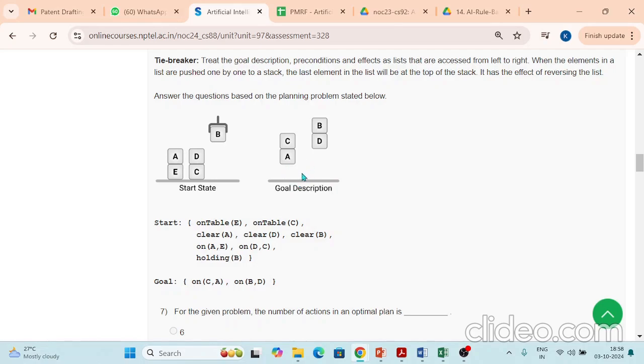C should be on A and B should be on D. We won't bother about E. So we keep it as it is to get the minimum number of optimal actions. We'll keep C here. Now B is there, so we'll keep D and after that keep B on D. So on C A, on B D, only these actions we require.